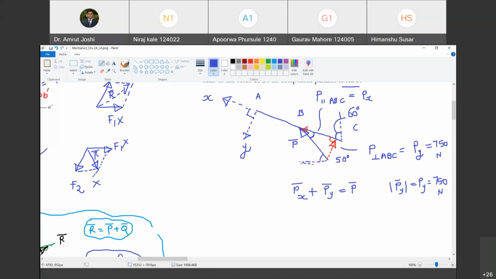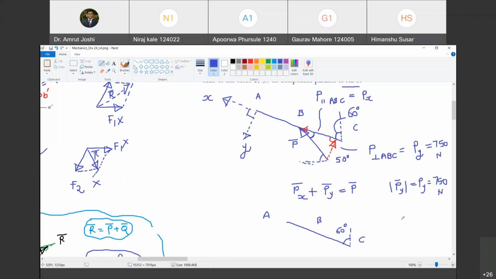Now see what I am going to say. This is very important. Let me redraw this sketch here. This is line ABC. This is A, B, C. Happy? This ABC has made an angle of 60 degrees with the vertical.